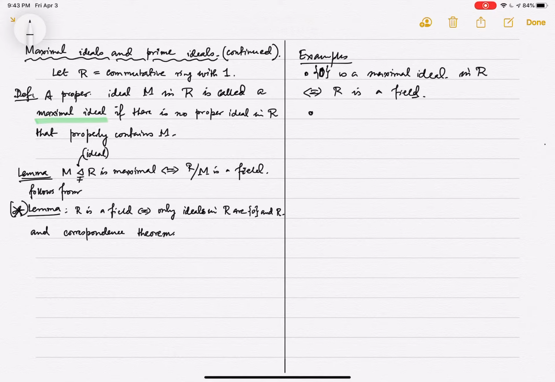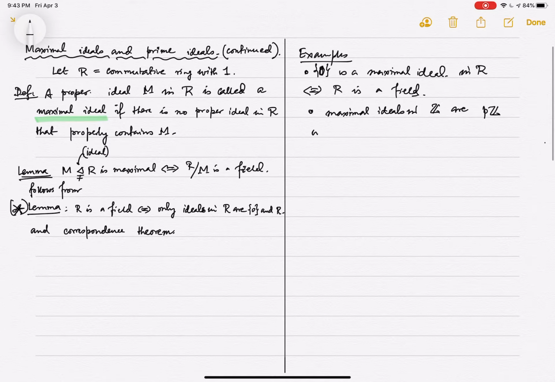What is the next ring that you want to look at? Z maybe. So maximal ideals in Z are exactly these guys, pZ, where p is a prime. Why?